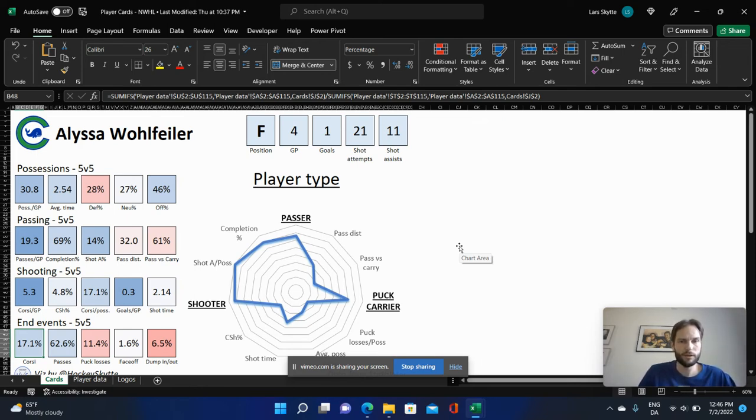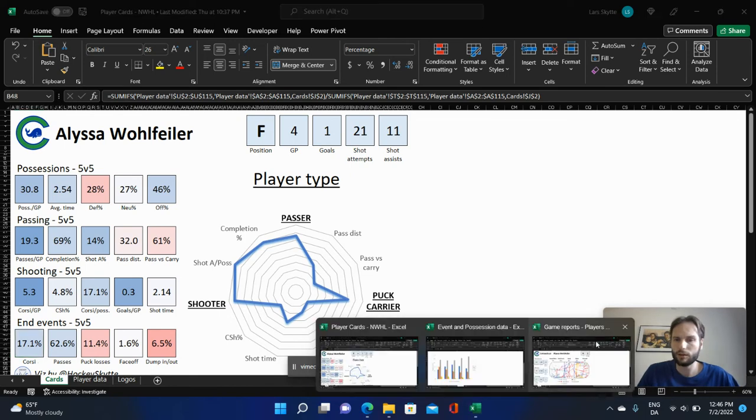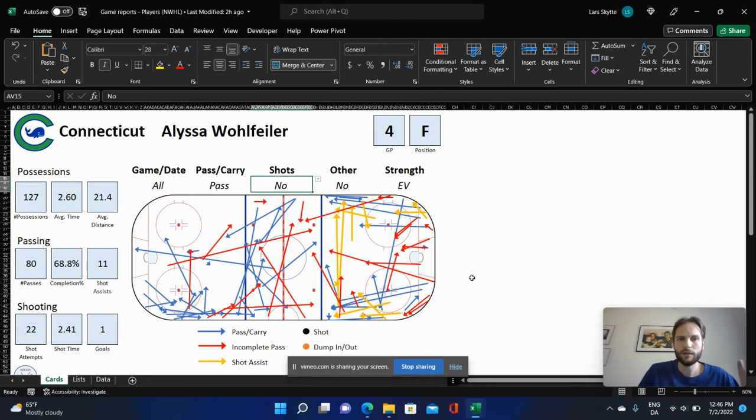So that's all interesting. Now, just last week, I created a visualization tool as well. So we can actually see her passes. We can see her puck carries. So I'll just go to that. And this is the passing map, you could call it, of Alyssa.